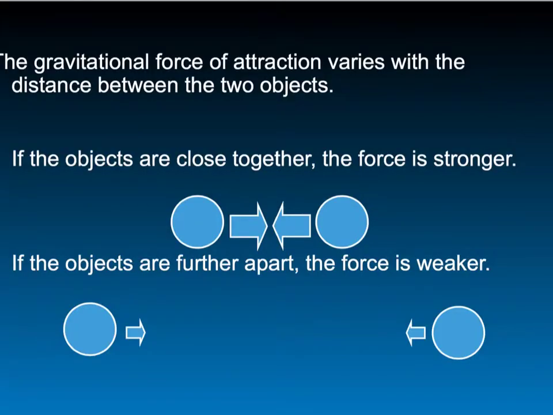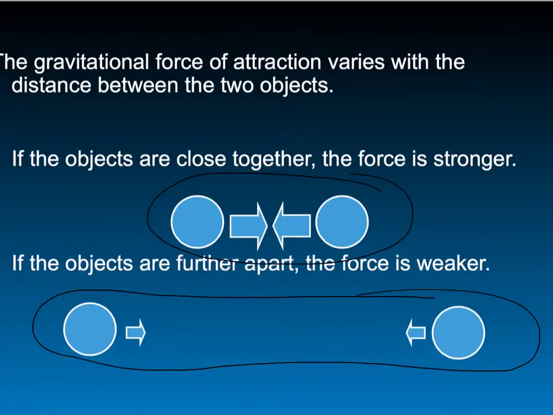As well as the gravitational force varying on the mass of the two objects, it also depends on the distance between the two objects. If the two objects are close together, then the gravitational force of attraction between them is stronger. If the objects are further apart, the force is weaker.